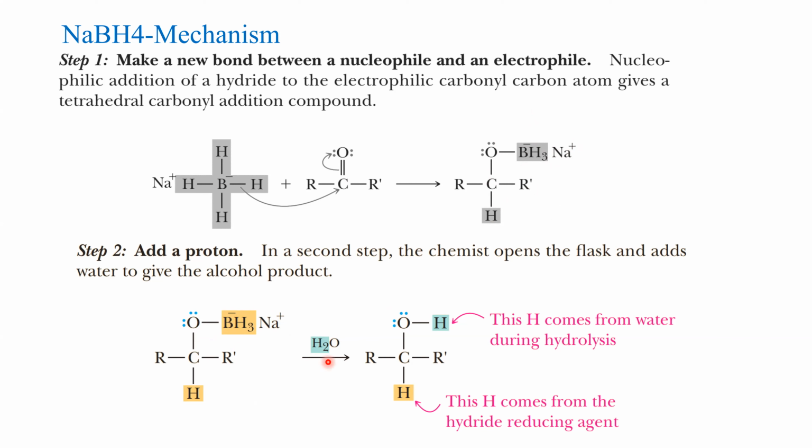When we supply water to that system, oxygen has a greater tendency to bind with hydrogen, so it can easily capture that proton, and there will be hydration of that oxygen. So the rest is the OH in the system, and we have the BH3 and sodium.